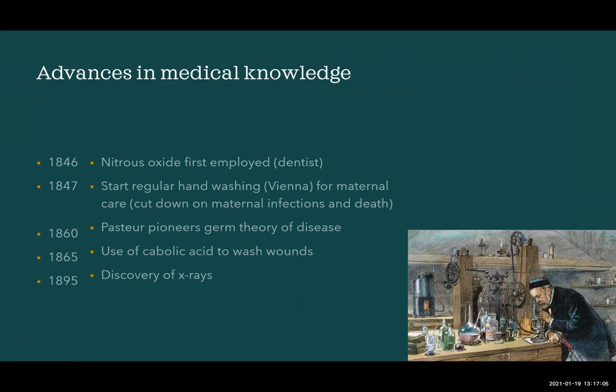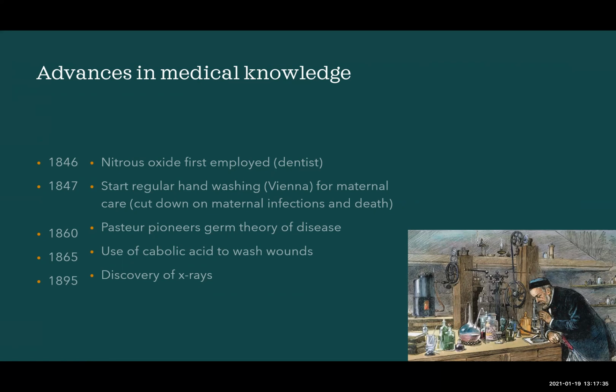So we did have quite a few advances in medical knowledge in the late 1800s. Nitrous oxide was first employed by dentists to put people out so they could pull teeth. Hand washing, amazing, 1847.